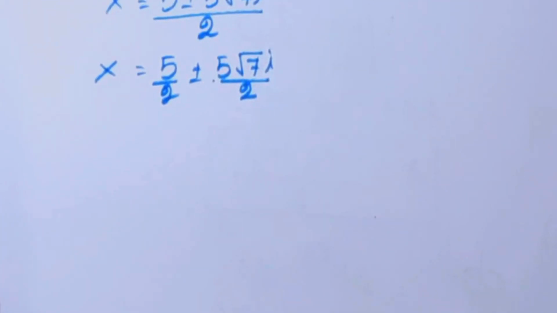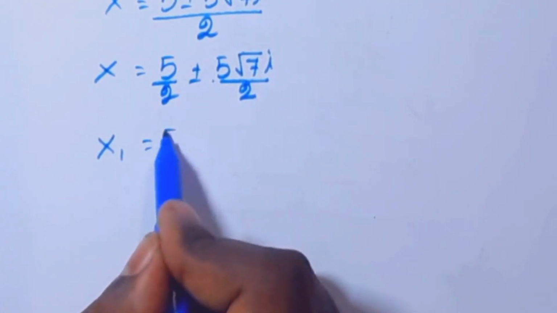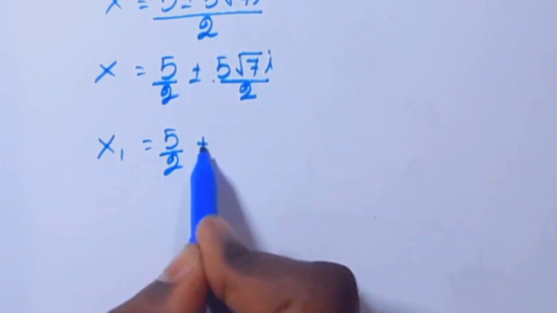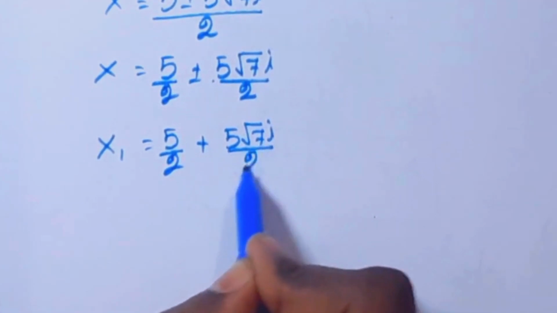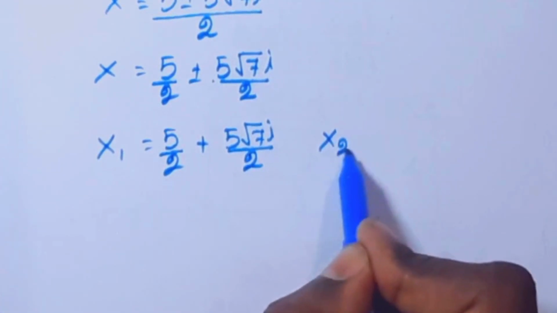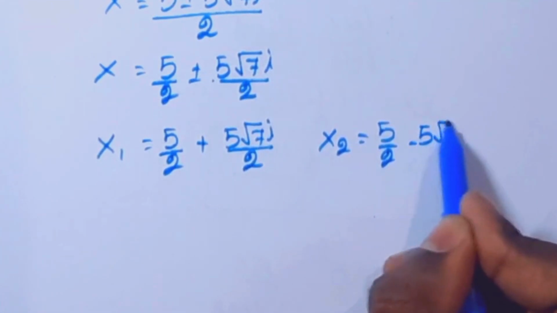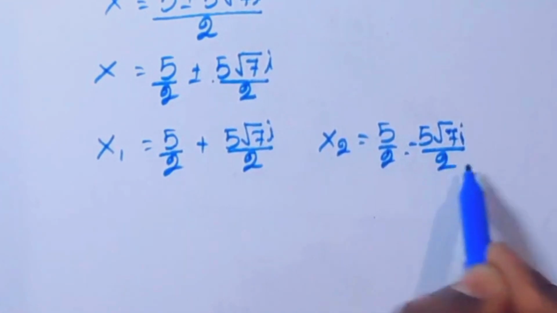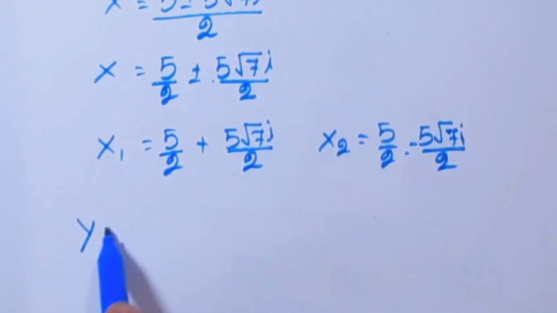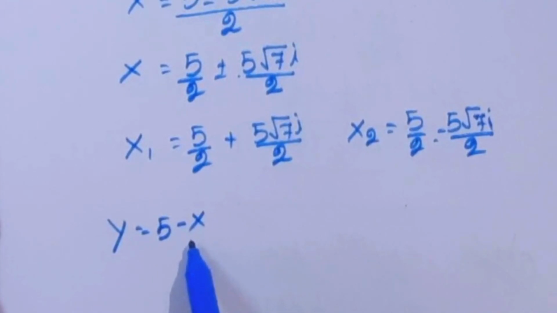We have 2 values: x1 equal to 5 by 2 plus 5 square root of 7i by 2, x2 equal to 5 by 2 minus 5 square root of 7i by 2. From this equation y equal to 5 minus x, we are going to substitute this x value.